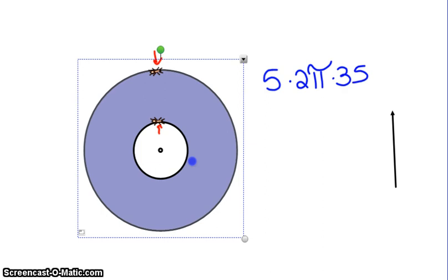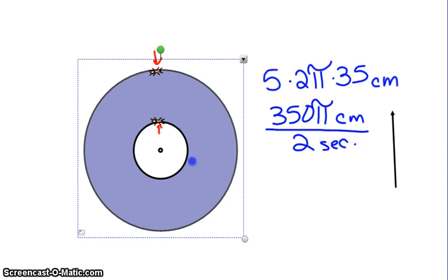That means that that ant moved 350 pi centimeters, because our 35 was centimeters, in 2 seconds, or he moved at a rate of 175 pi centimeters per second. Now that would be an exact answer. If you wanted to take that to a decimal, you could, but that would be an approximate answer.